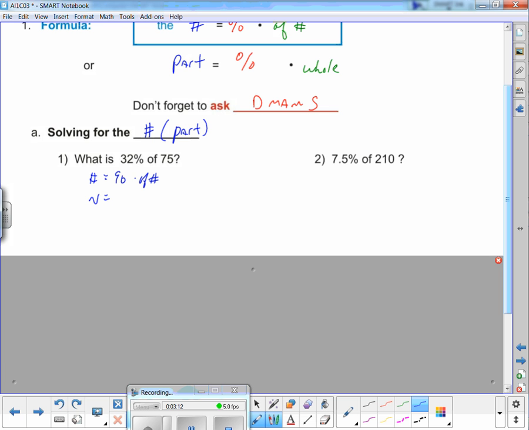So n, whatever you want, x, y, z. We all know 32% is 0.32, and we're all going to take our calculator out and simply punch in 0.32 times 75. Go ahead and punch it out.